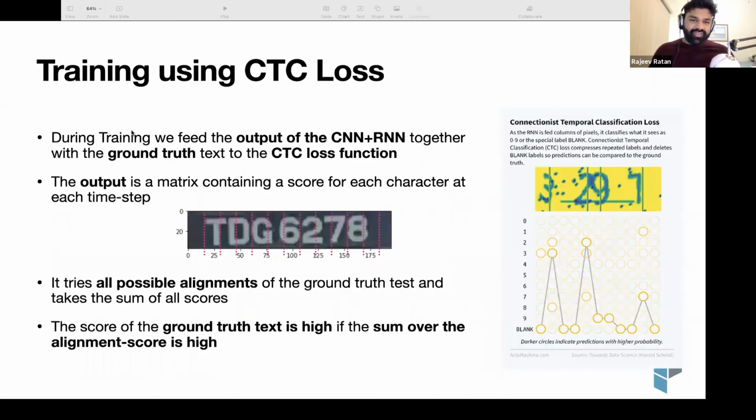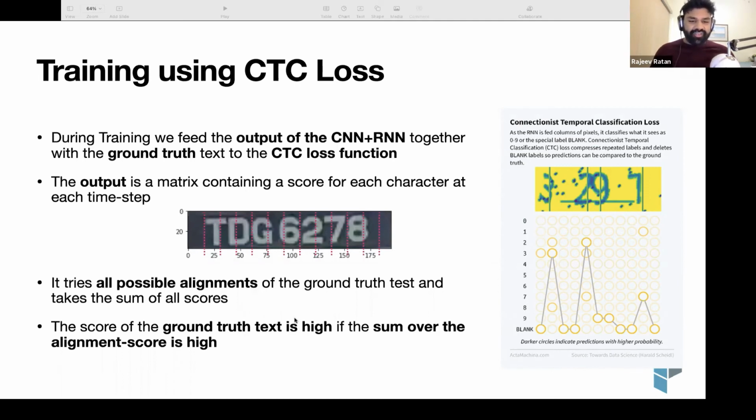So training using the CTC loss takes the output of the RNN and CNN together along with the ground truth labels. Then it outputs a score, like a matrix score, for a character being at each time step here. So this is how it breaks up a license plate into different time steps. It tries all possible alignments of the ground truth, and then it gets a sum of all the scores.